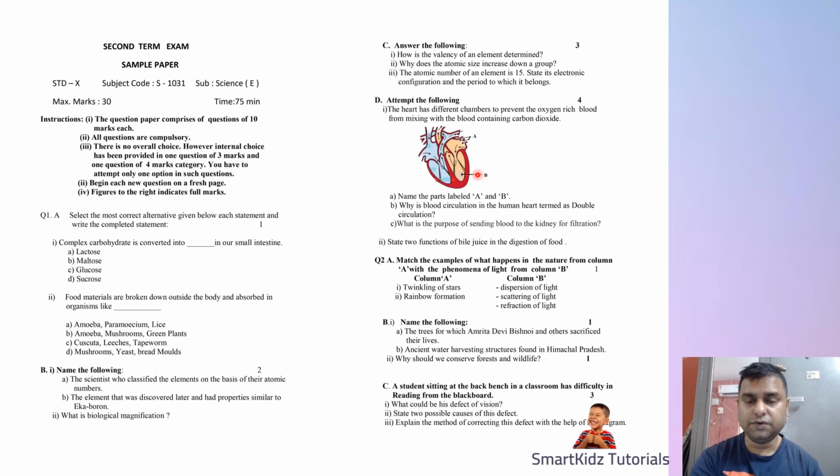Mostly, in the life processes section, which will probably include the heart, or maybe even the urinary system, they expect you to know the diagram.